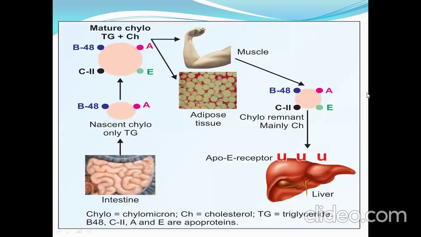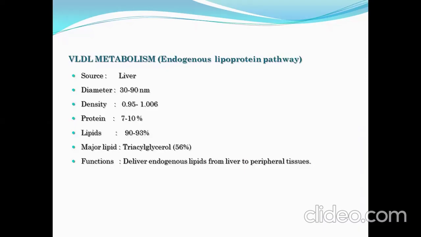So this is also the simplest one. Coming to the other one, VLDL metabolism. VLDL metabolism is called the endogenous lipoprotein metabolism pathway. The previous one, chylomicron, is exogenous, and VLDL is endogenous.